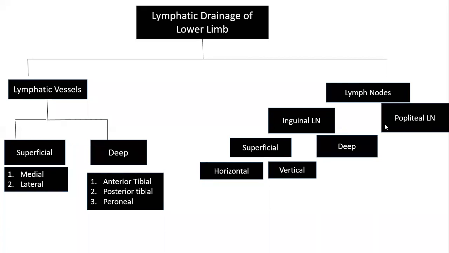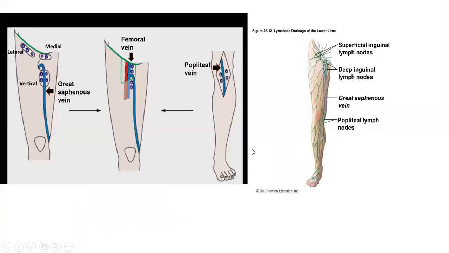The inguinal lymph nodes are located within the upper part of the femoral canal.